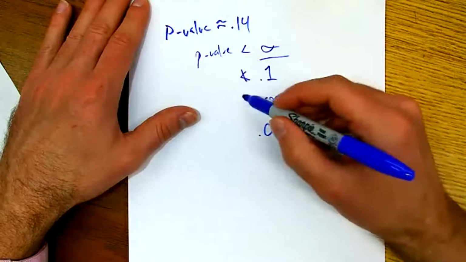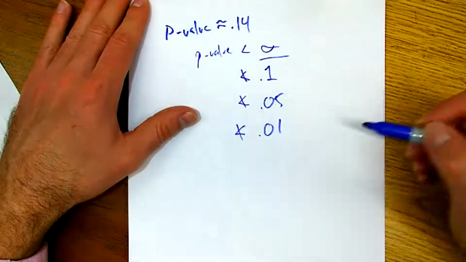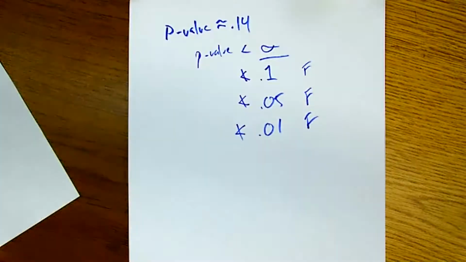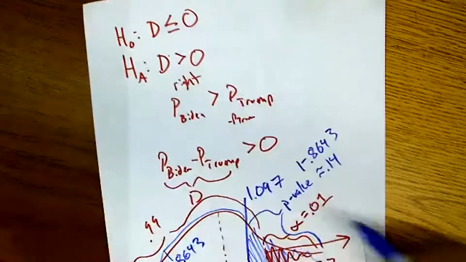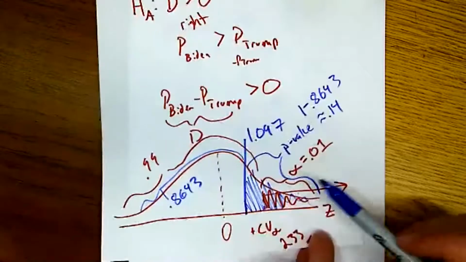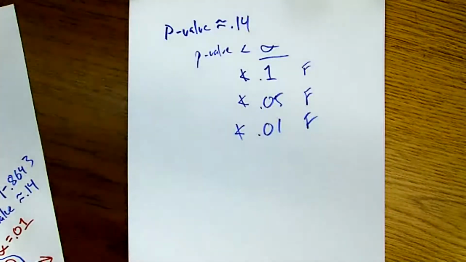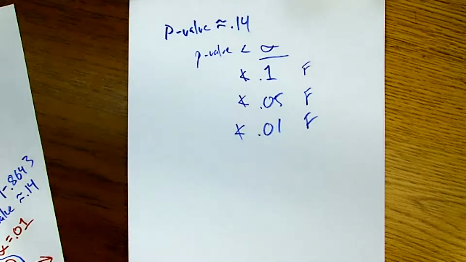No, no, no. So I fail to reject at all levels, which is the exact same rejection decision we would have made if we had found critical values for the different levels as well. Okay. Questions on that before we keep moving?